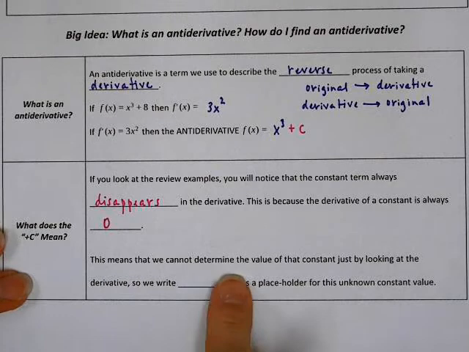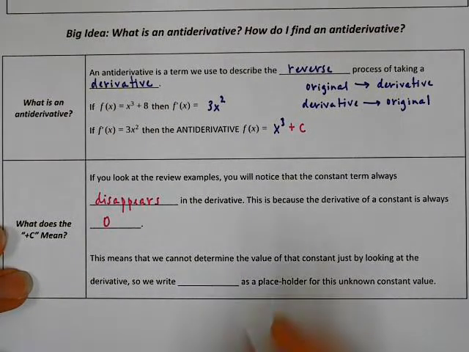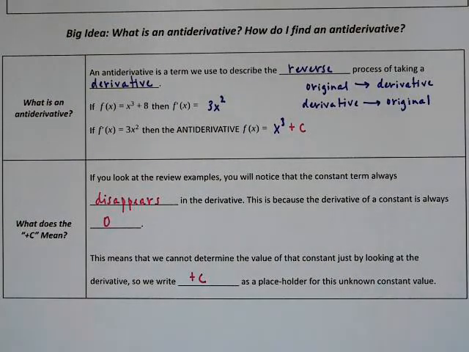So this means we can't determine the value of that constant just by looking at the derivative, so we write plus c as a placeholder for the unknown constant value. And you'll see we're going to do that over and over again using that plus c. So let's go to the next page and actually get down on paper some of these antiderivatives.